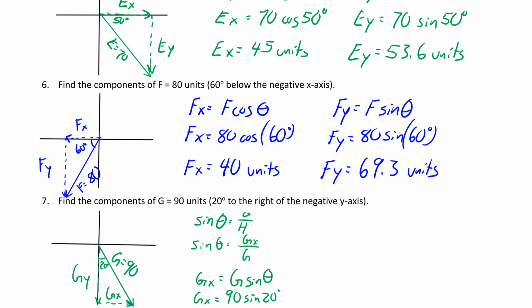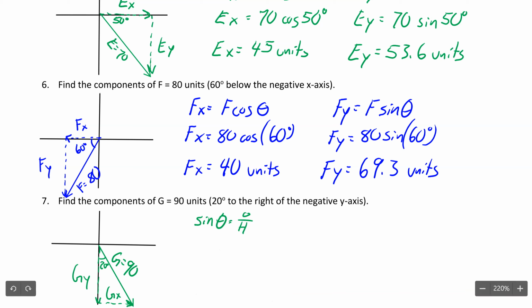But I'll do it the old school way and just plug in what we know. So sine 20 degrees is equal to Gx over 90. You still do the same thing, 90 times sine 20, and you get 30.8 units.